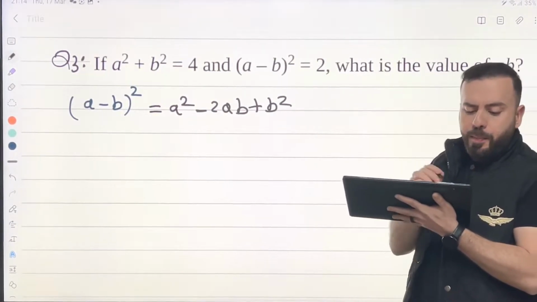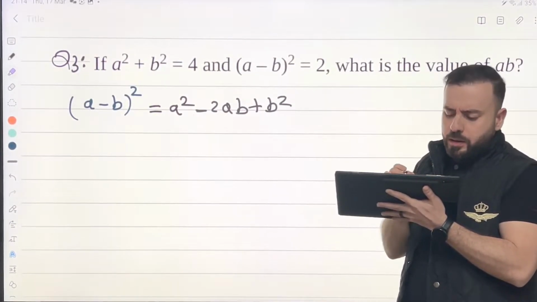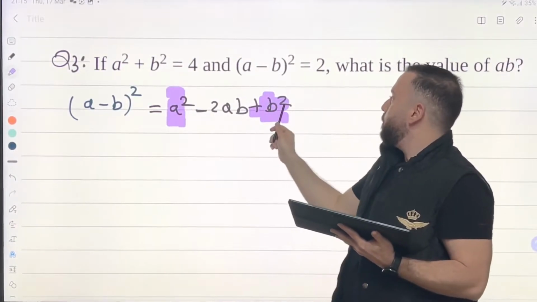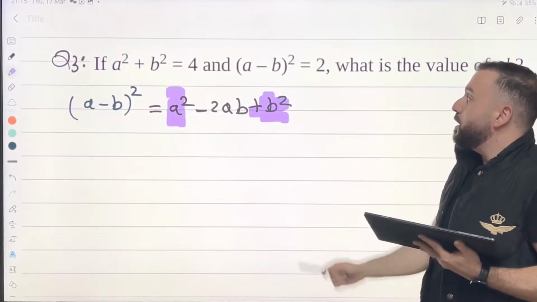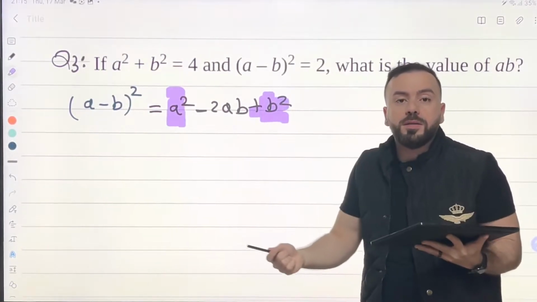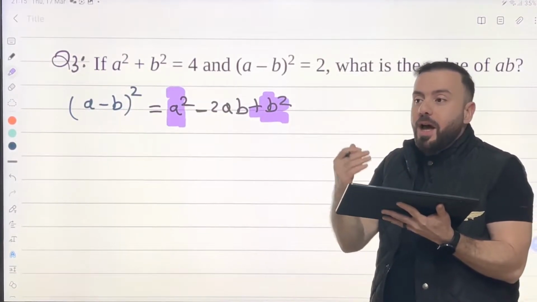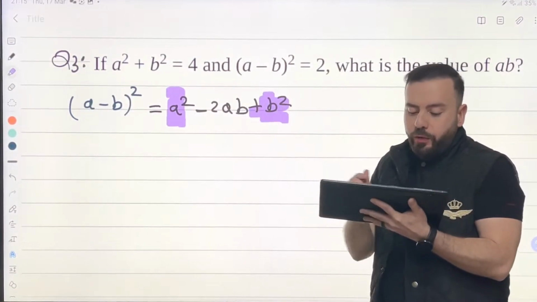By the way, please check this with me. Look at this part and this part, which is a squared plus b squared. The question is already telling me that a squared plus b squared is equal to 4. So can I substitute with 4? Yes, of course.